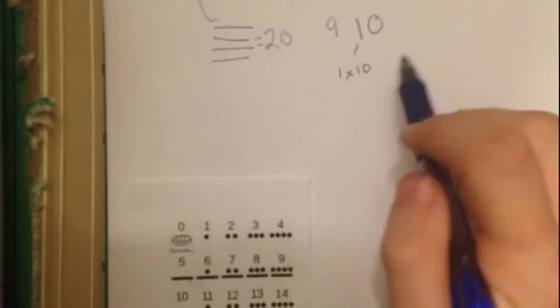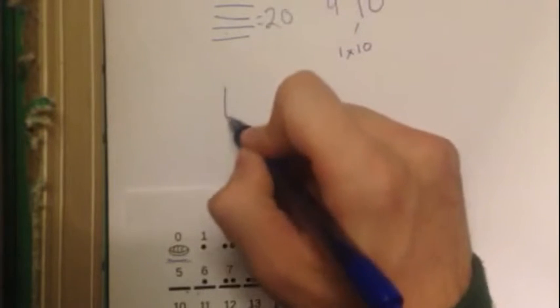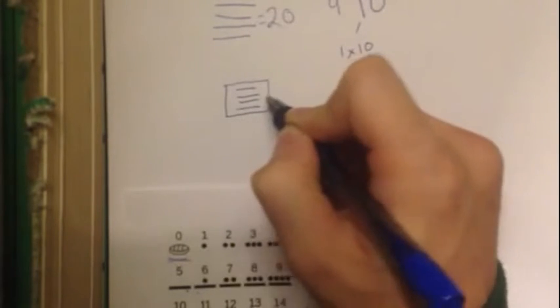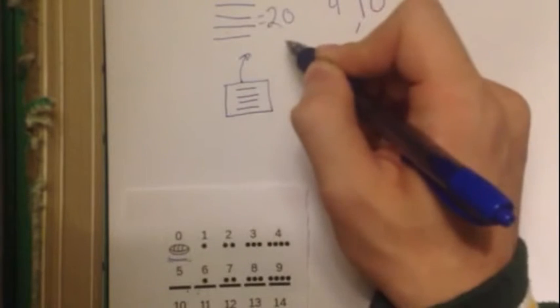Same concept in the Mayan system, except instead of going left to right, they go top to bottom. So when we get to 4 bars down here, we move them up. They go up and become a dot.